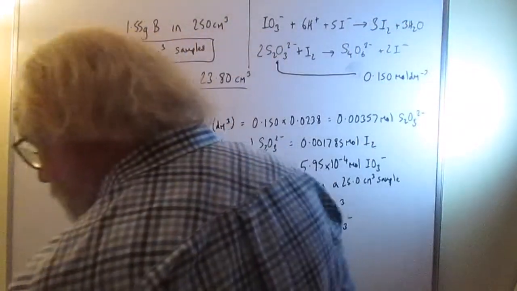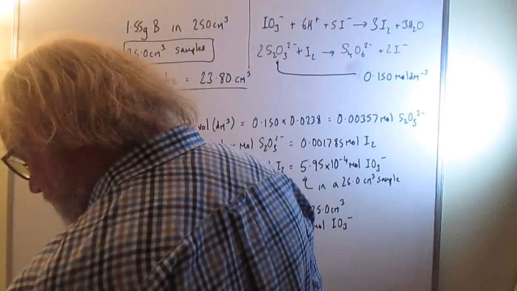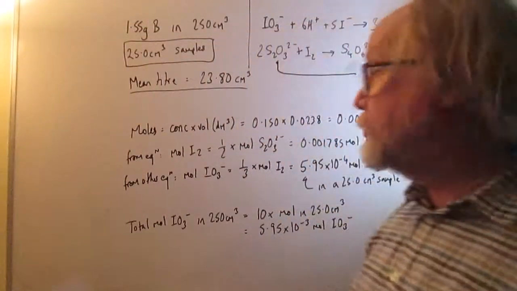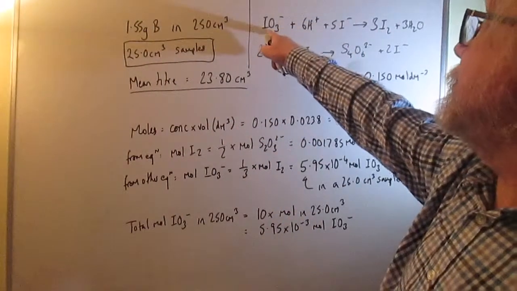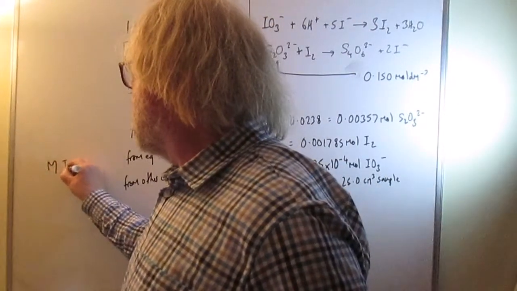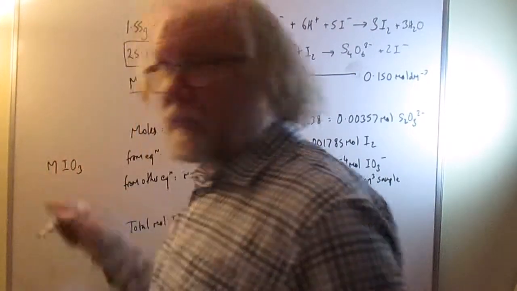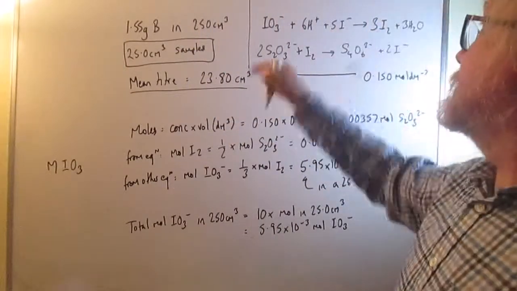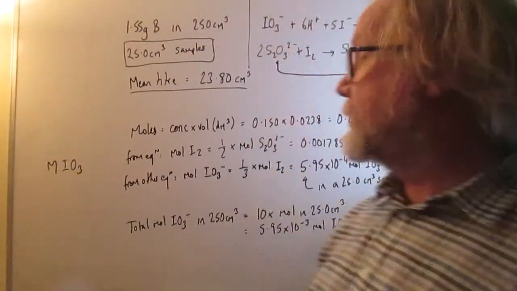So now we know, because it tells us in the question that it's a group 1 iodate, so the formula of the compound will be MIO3, right, where M is our mystery group 1 element, because we've got a 1- ion and we know group 1 are 1+.